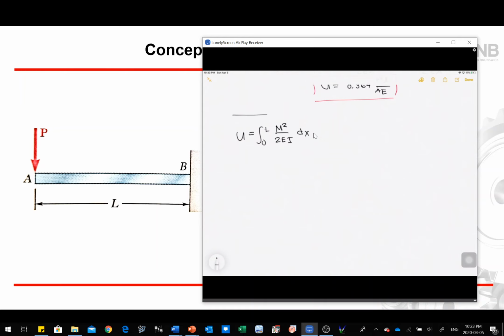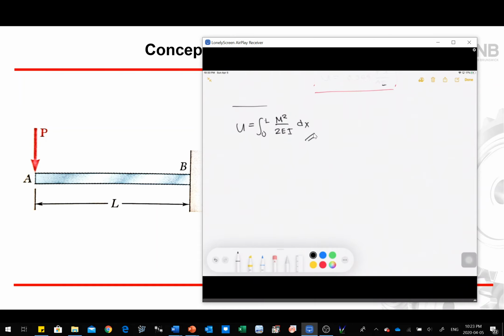We didn't derive this equation, but I showed you the result. This is the strain energy as a result of bending. Now, from this equation, we need M, which is our moment.